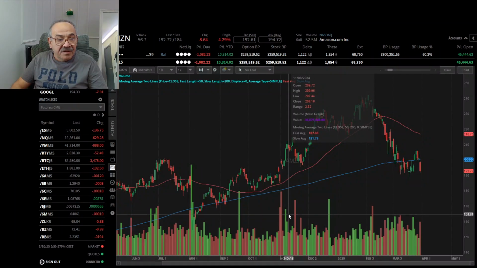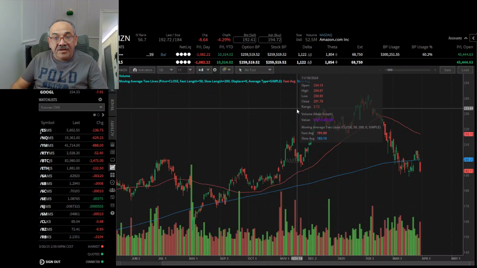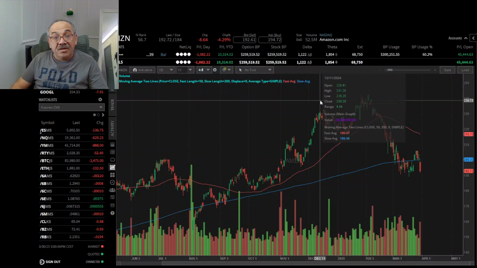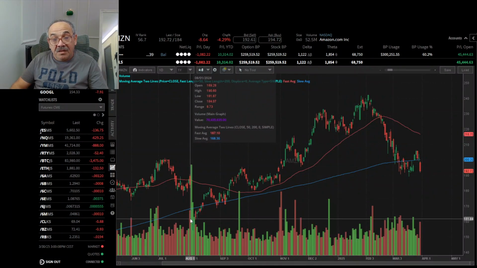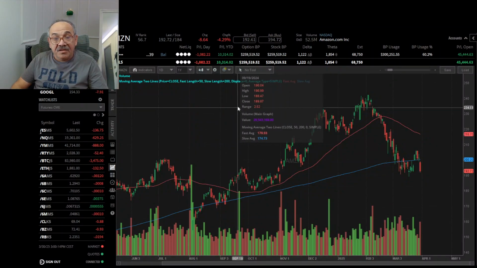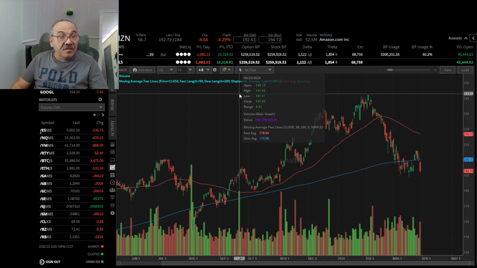165, 235. It's covering virtually all interval from lowest low for this year, which was around 160, to virtually highest high.